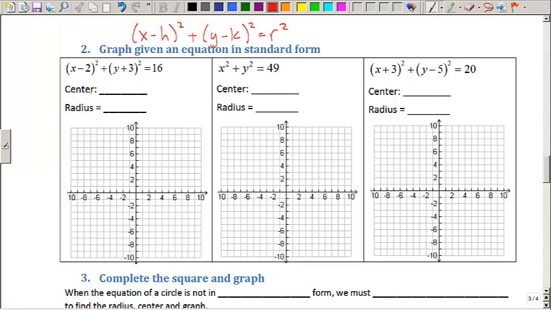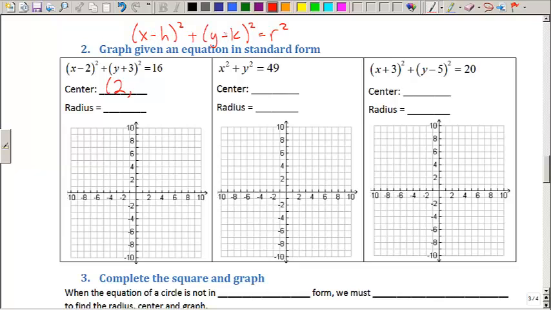In this case, my center is found by getting the h and the k. Well, the h is the opposite of whatever value is next to the x. Because there's already a minus in the formula, my h in this case happens to be positive 2, because there's already a negative in the formula.